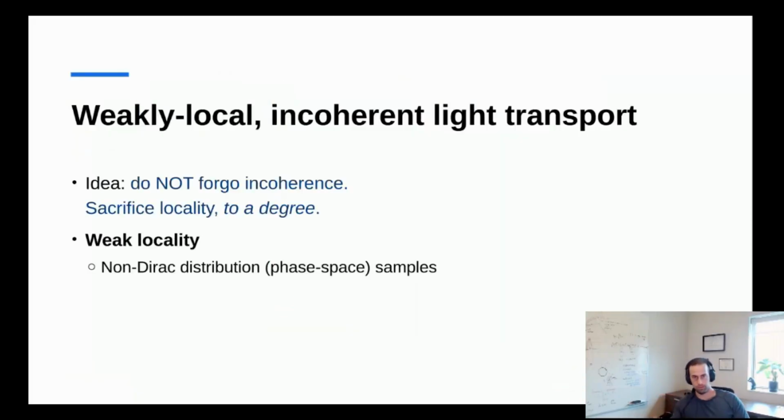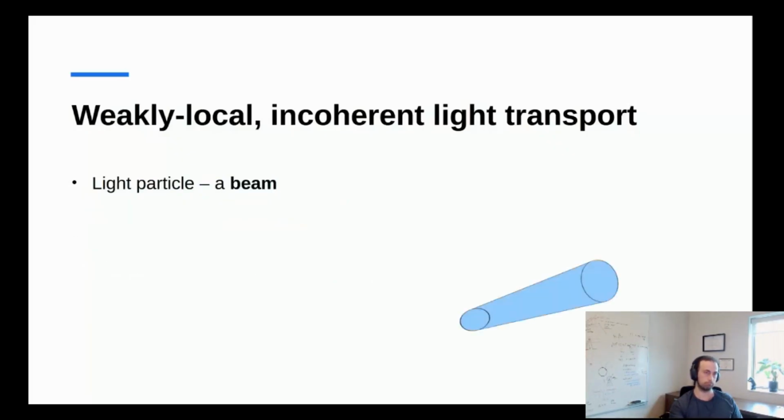So if we do not give up incoherence, my other option is to give up locality, right? So the idea here is to sacrifice locality, but maybe to a degree, so not entirely. That is, we may define weak locality, which means that the spatial and angular distribution of light particles are no longer a Dirac, but some distributions with finite support.